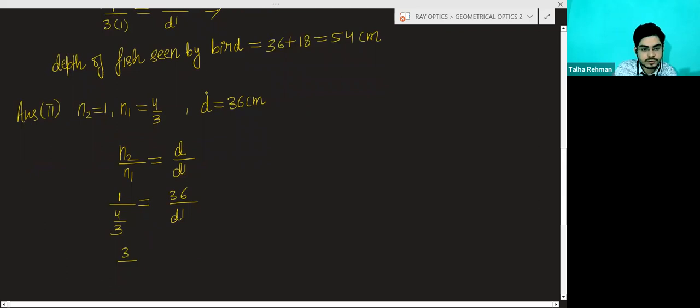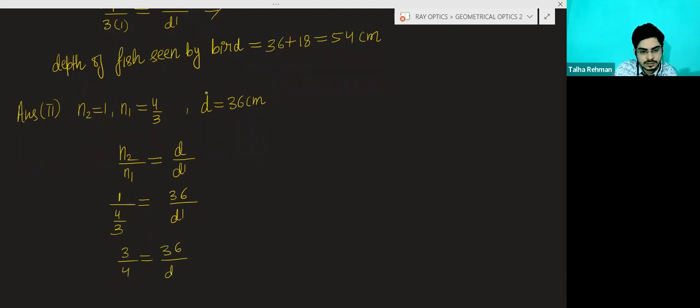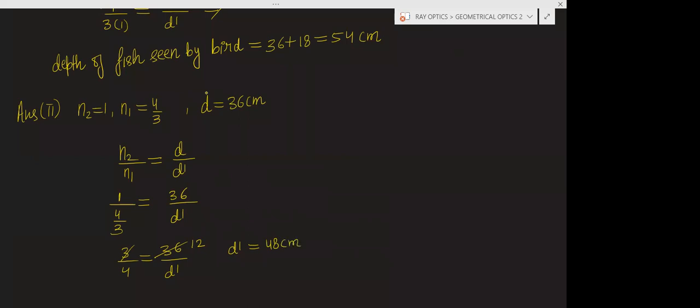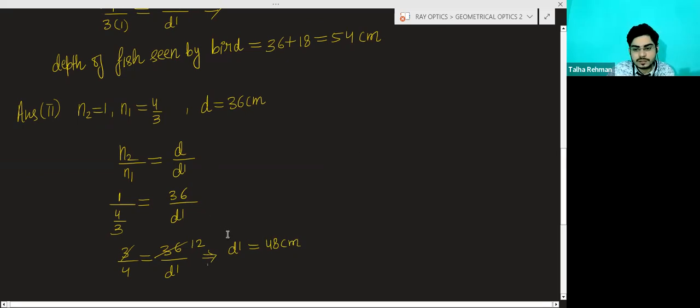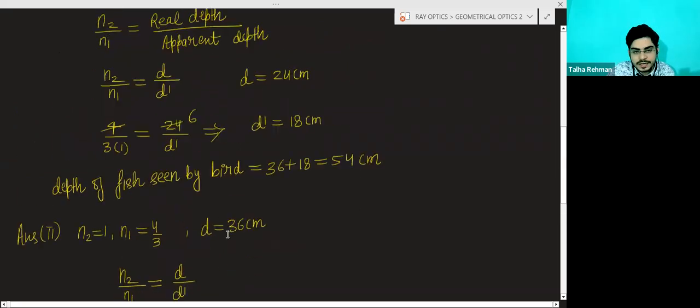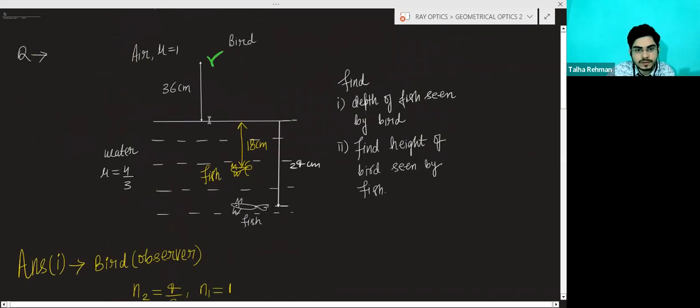It will become 3 by 4 is equal to 36 into D dash. So this will cancel out. 3 ones are 3, 3 fours are 12. So D dash will be 48 centimeter. So what is the apparent height of the bird?